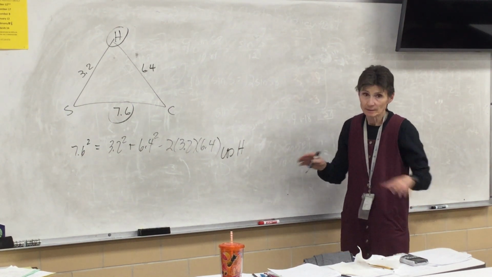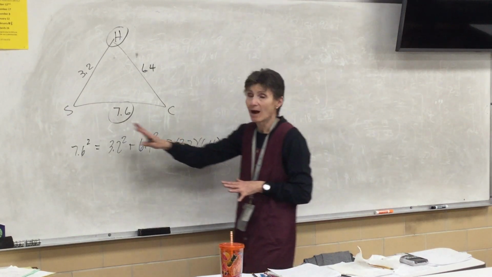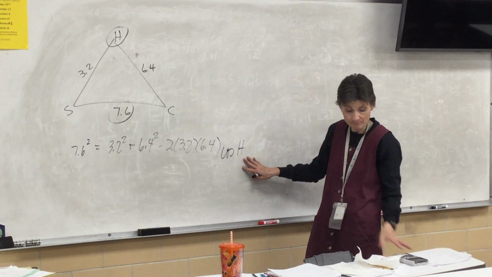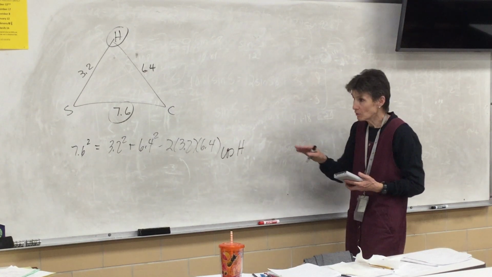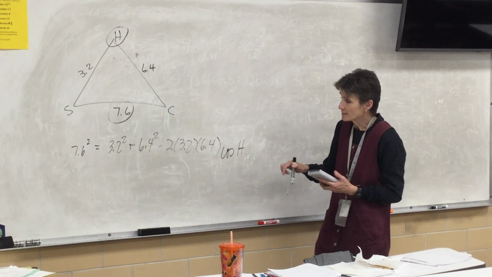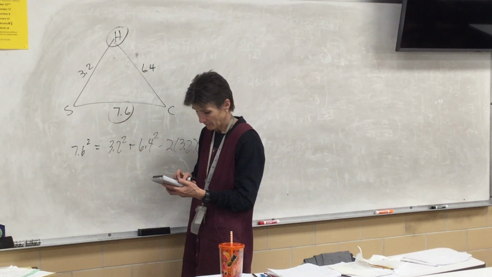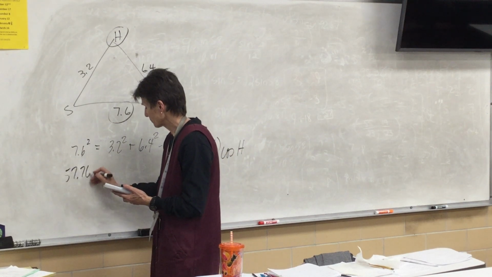Now, this one's a little bit tougher to type in because your variable is not all by itself. Your variable is kind of buried in the problem. So I would suggest, you don't have to do this, but if you're a little bit intimidated by that equation, go ahead and square 7.6, and that's 57.76.